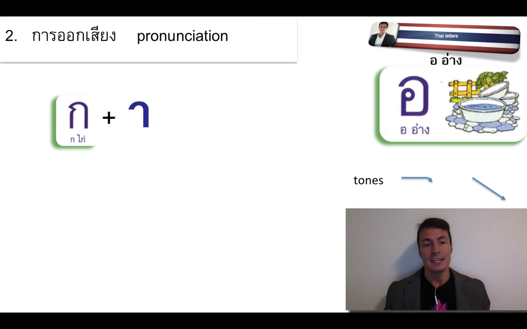So instead of saying ga now, as is being the standard way of expressing the ga gai consonant, we now exchange the vowel for the vowel and see how the syllable is spoken then. So basically, instead of saying ga, you now just say ga. So it doesn't matter if you say ga gai or ga gai.